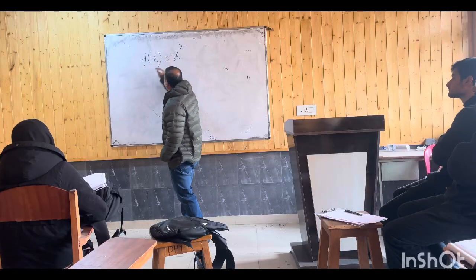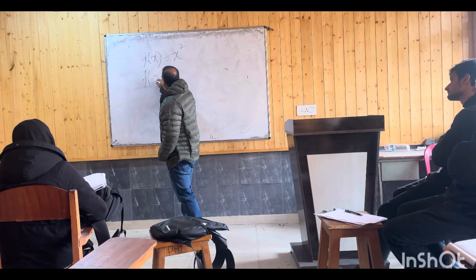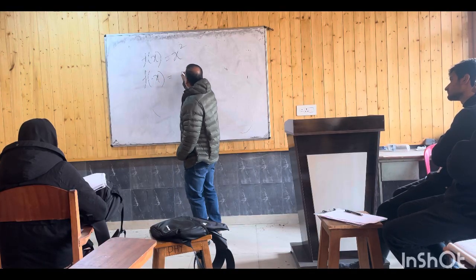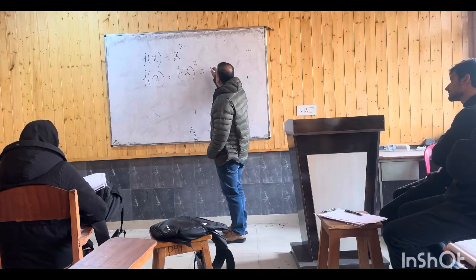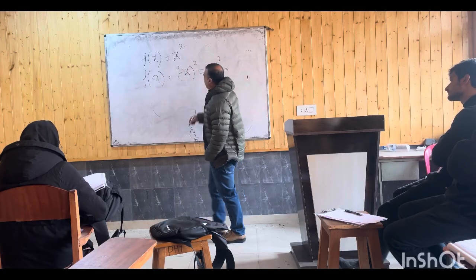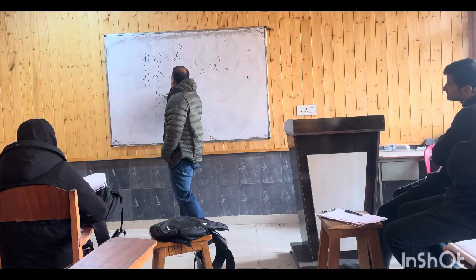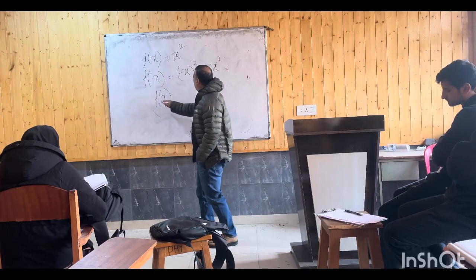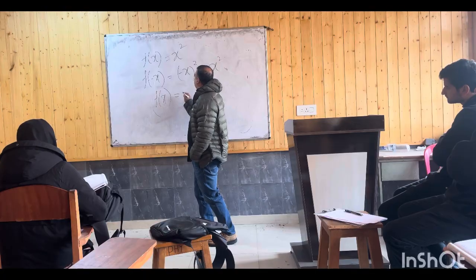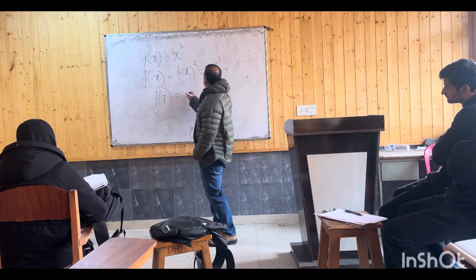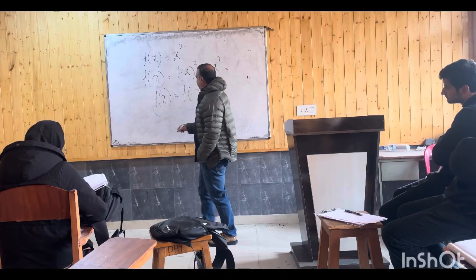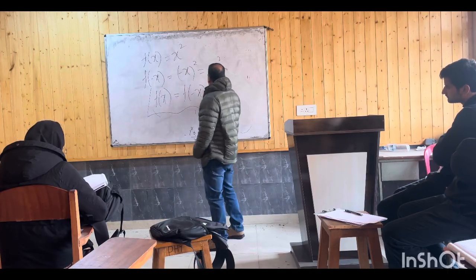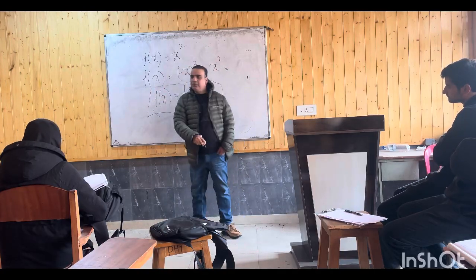Because if I replace x by minus x, I get minus x whole squared, which gives me x squared. That means a function is even when f of x equals f of minus x, right?